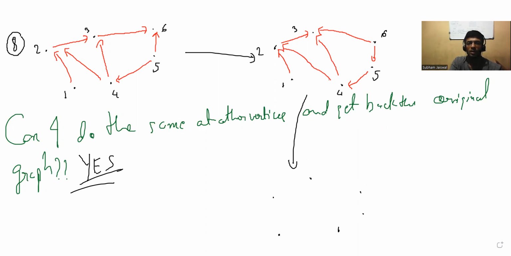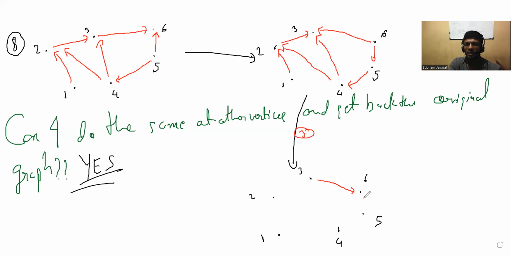Let me first label the vertices. This is 6, this is 5, and this is 4. So if you're doing it at 3, the change is being made at 3. This change has a name.